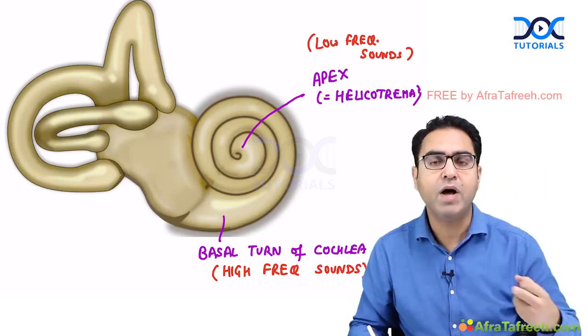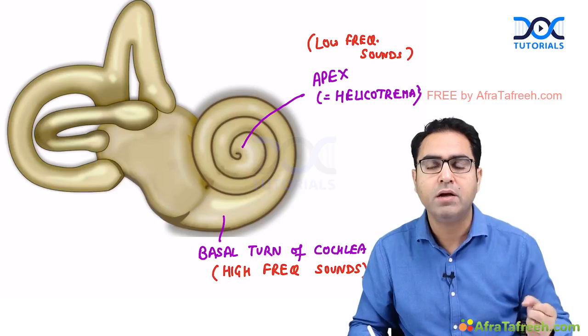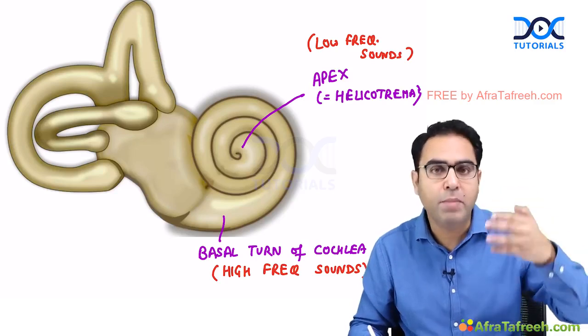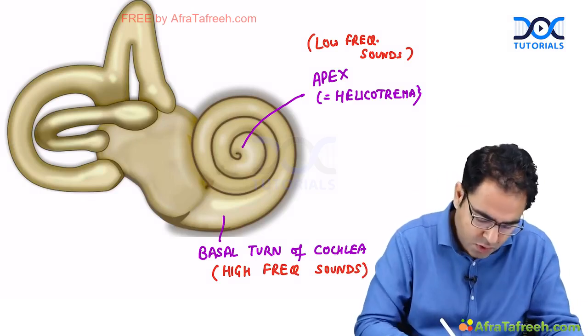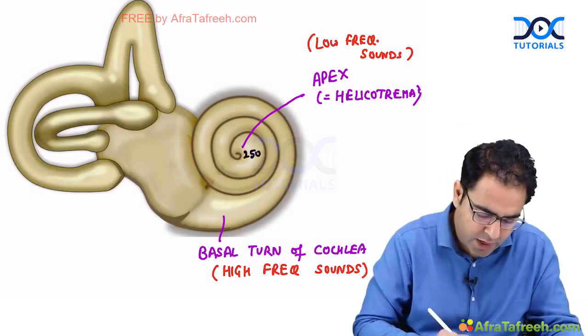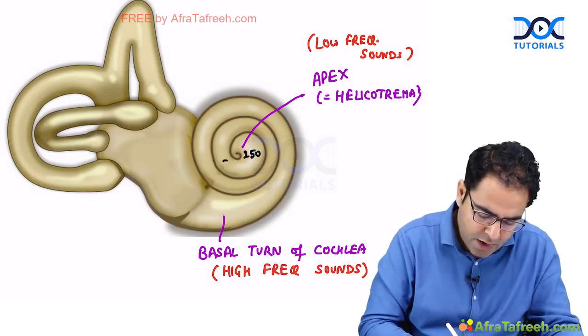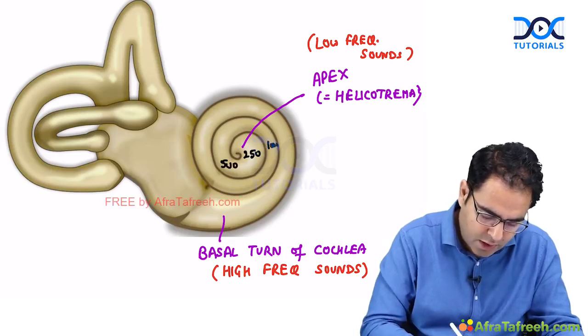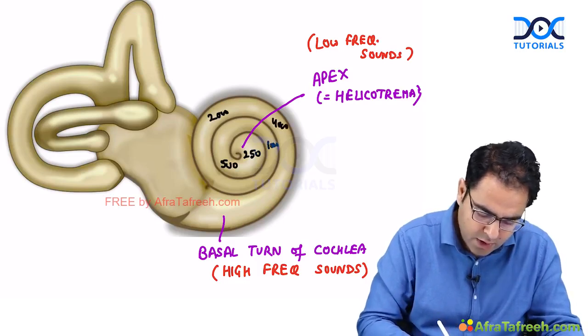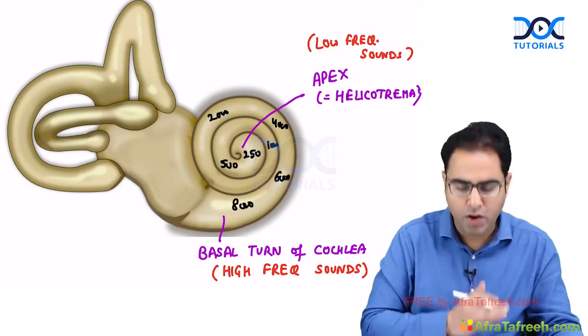But the sharp, high frequency sounds like ma and na are heard in the basal turn of the cochlea. Roughly, you have 250 hertz heard over here, then 500 maybe here, then 1000 over here, then 2000, 4000, 6000, 8000, and so on.